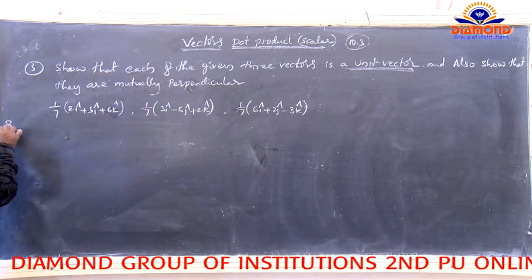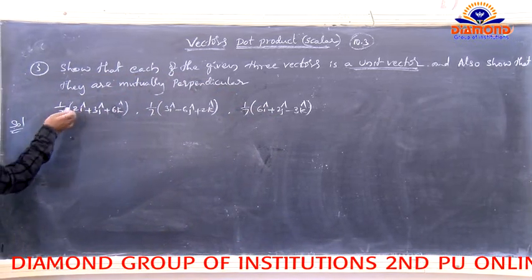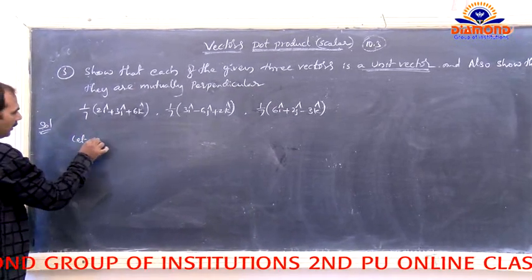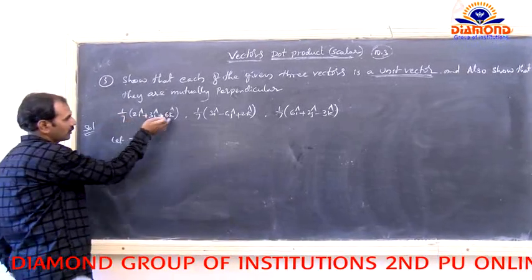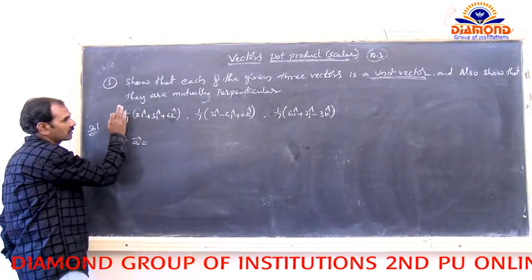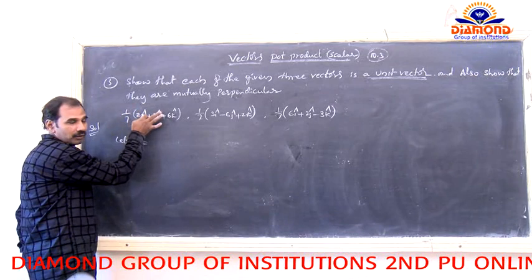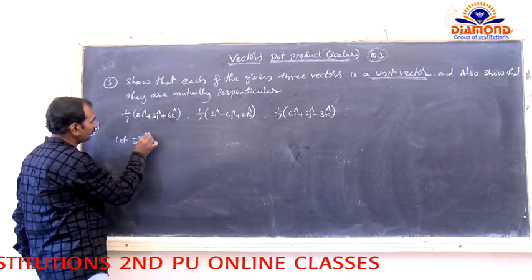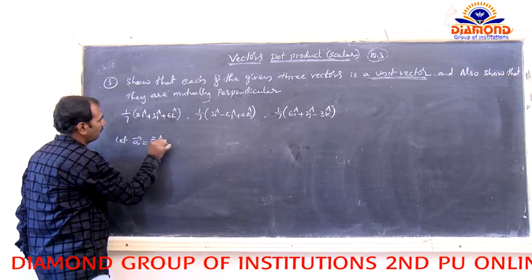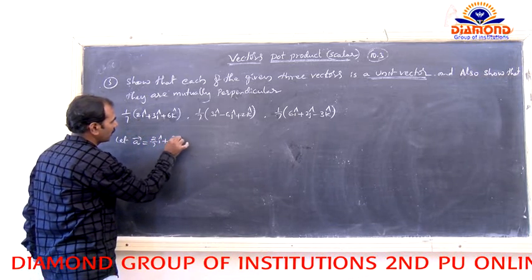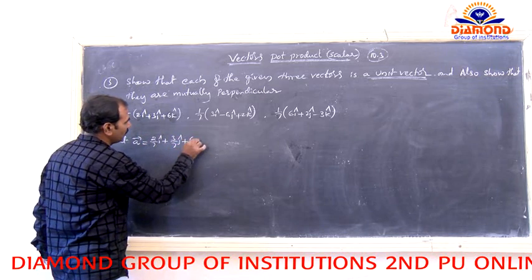First, the solution. This is the a vector. Let a vector equal 1 by 7 times this, a scalar multiple of a vector, so 2 by 7 i cap plus 3 by 7 j cap plus 6 by 7 k cap.